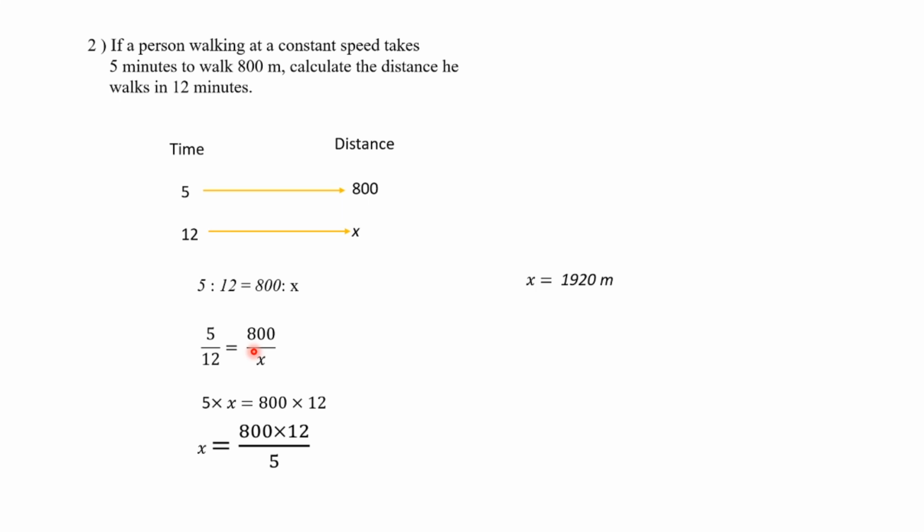Then your answer is x equals 240. Okay, so you have to check your previous video again, then you can realize the difference between the two methods, as I have done the same question with two methods.